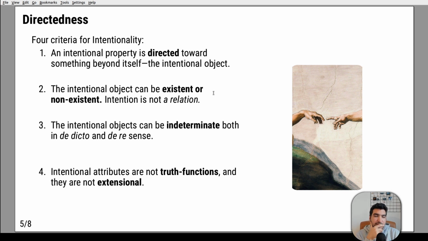And they're not extensional in a sense that sometimes we have two different terms that are co-extensional, in the sense that they have the same extension. They denote the same thing, but the connotation is different. And it seems that our intensional attributes are not extensional.